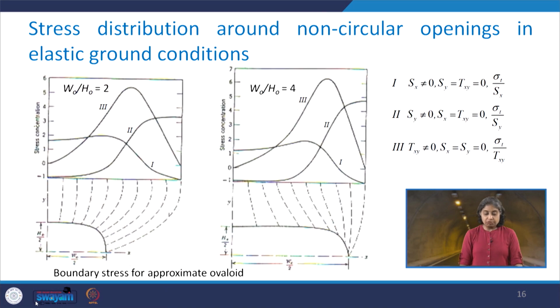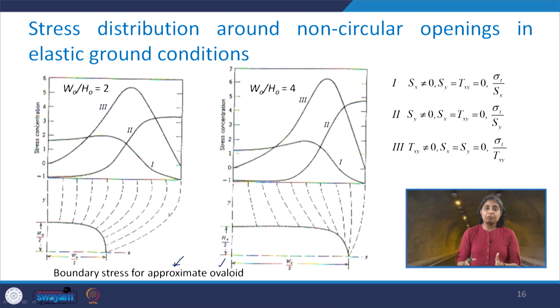Now in case you have the ovaloidal shape of the opening, we write here approximate ovaloid because of the fact that those equations 1a and 1b, if you substitute the particular values of p, q and r, you can only generate the approximate ovaloid. So that is why we are calling it approximate ovaloid, but it is as good as ovaloid for all practical purposes.